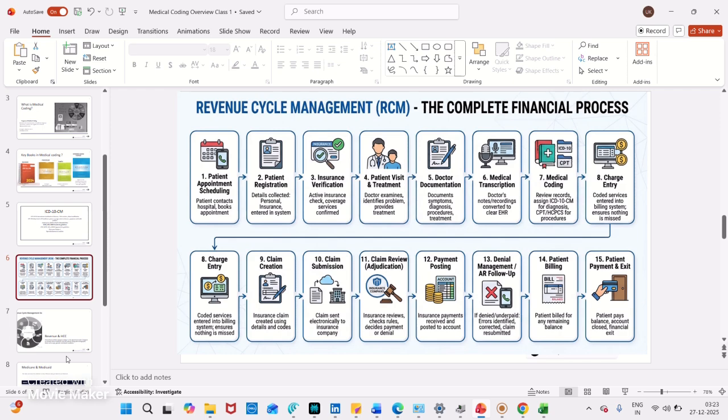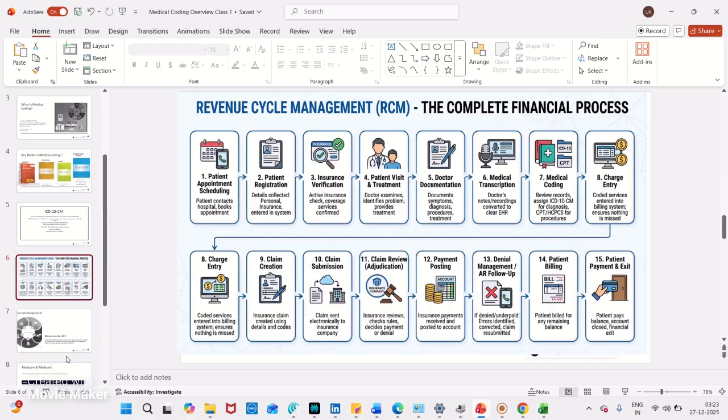Before understanding RCM, let us first see how hospitals work in India and in the United States. The patient experiences a health problem and decides to visit a hospital. In India, it is a completely cash based system.